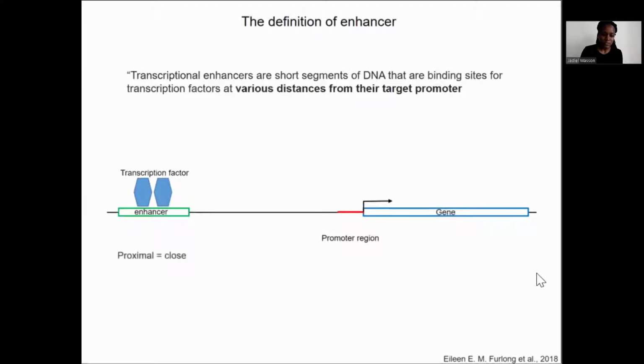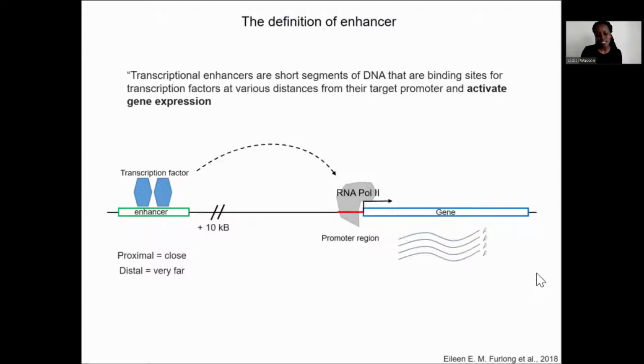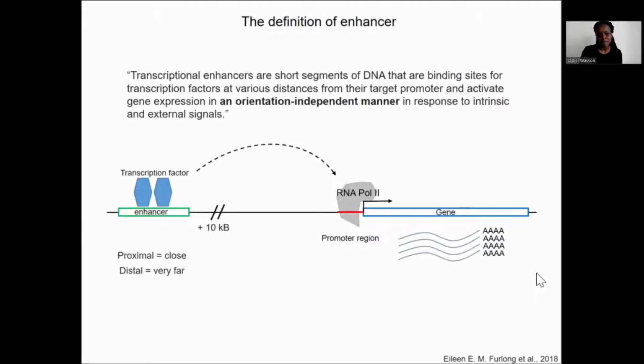So they can be proximal, meaning that they're close to their target promoter, or they can be distal, which means they can be very far away, on the order of 10 kilobases away. Furthermore, they should activate gene expression of their targets. And this activation is independent of their orientation in the genome.